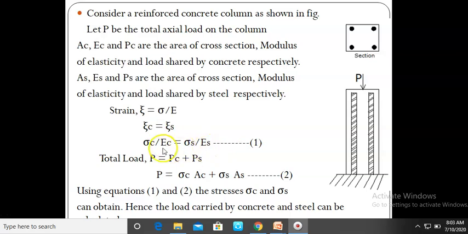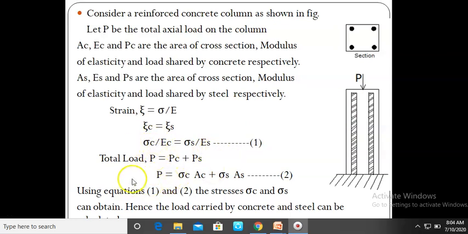We know ES and EC, the Young's modulus of steel and of concrete, from the given data, from which we can find sigma S in terms of sigma C, or sigma C in terms of sigma S.